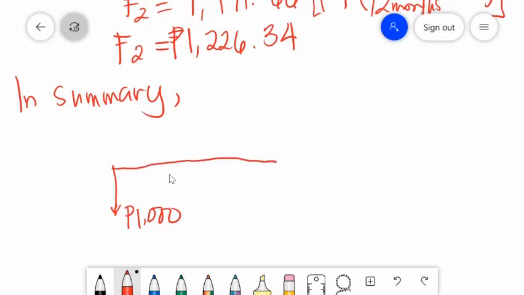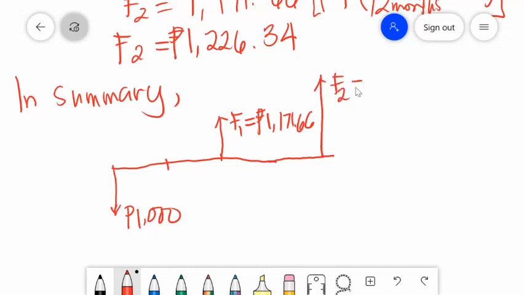After 2 years, your money became 1,171.66 pesos, compounded quarterly, and after 7 months again, your money became 1,226.34 pesos, simple interest.